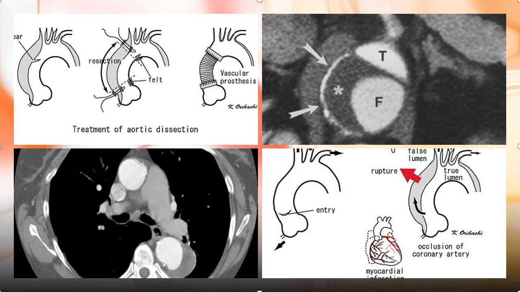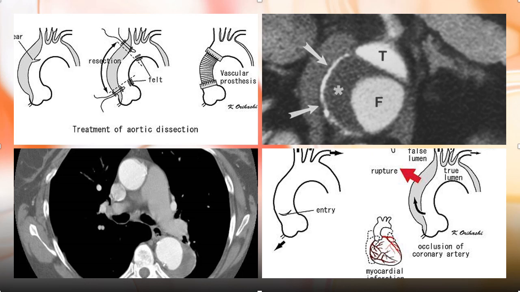The second important point is the cause of serious problems for the patient with aortic dissection. Firstly, it may cause severe aortic regurgitation, if the dissection extends proximally and involves the annulus of the aorta, so the aortic cusps will not close properly and severe aortic regurgitation might occur.